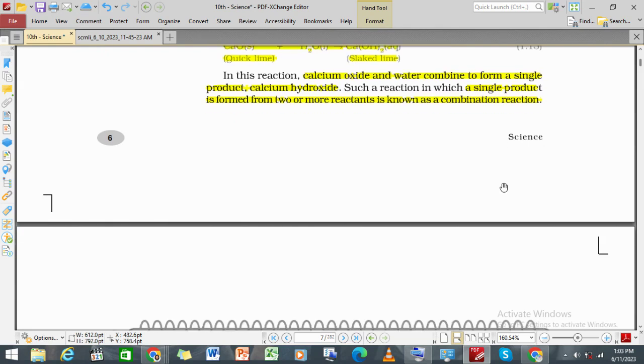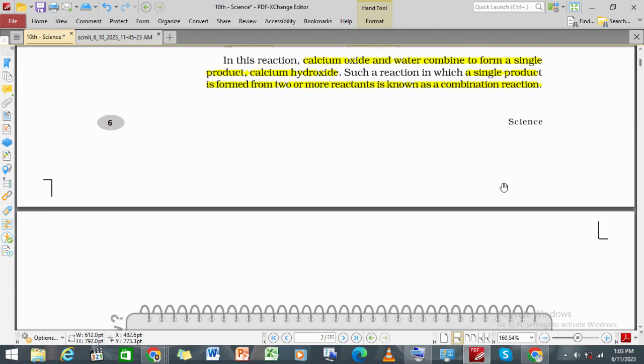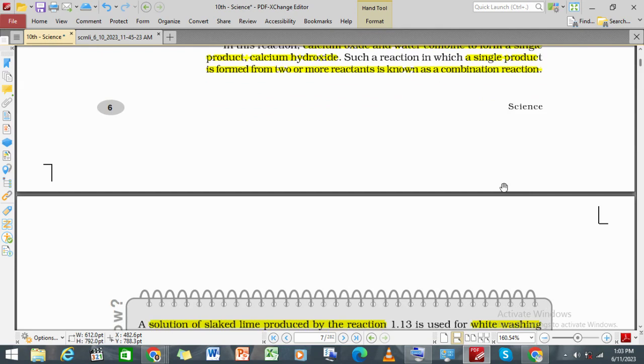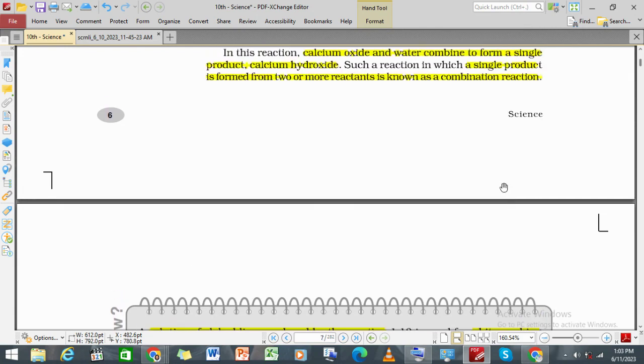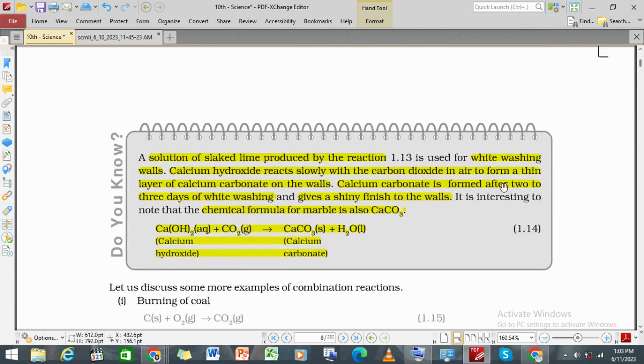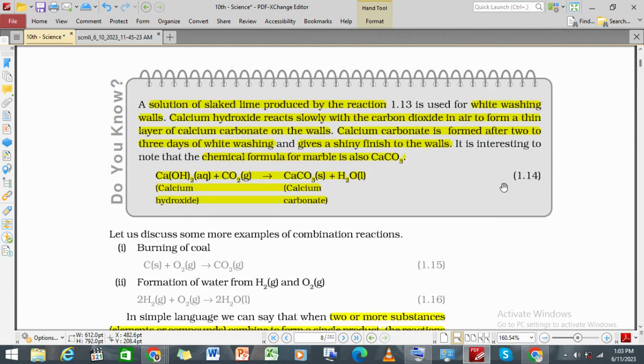That means when two or more reactants combine to give out one single product, it is known as a combination reaction. All right. Here, a solution of slaked lime, calcium hydroxide, is produced by the reaction. It is used for whitewashing walls. That means slaked lime is used for whitewashing walls.